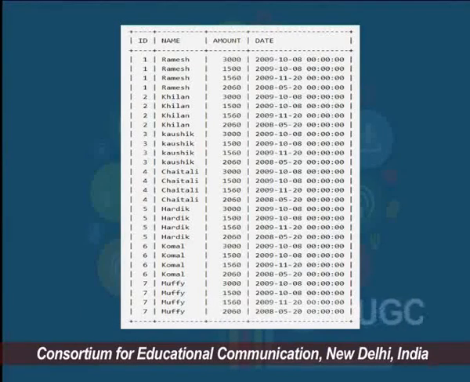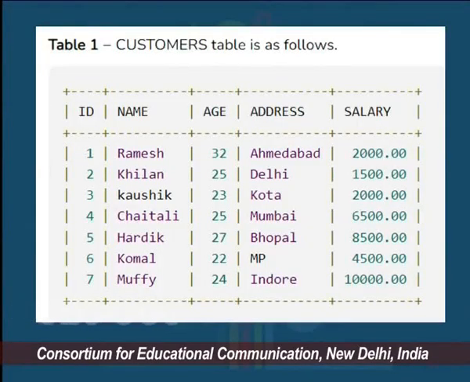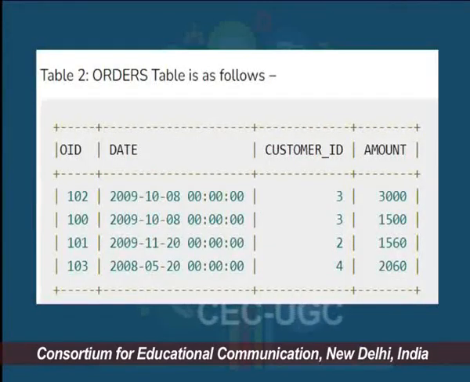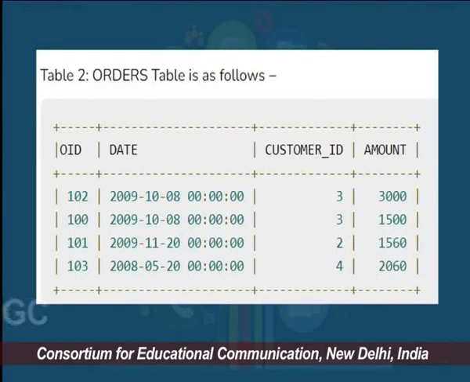It takes the first row of the customer table, with name Ramesh, and couples it with each and every row of the next table, which is orders. So the first row, Ramesh, is coupled with all 4 rows. Then the second one, Khilan, is coupled with all 4 rows. Similarly, the third row is coupled with all 4 order rows.